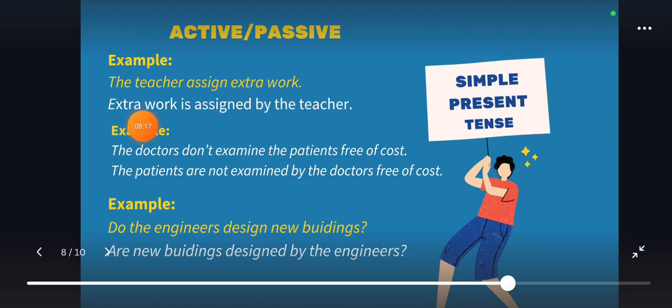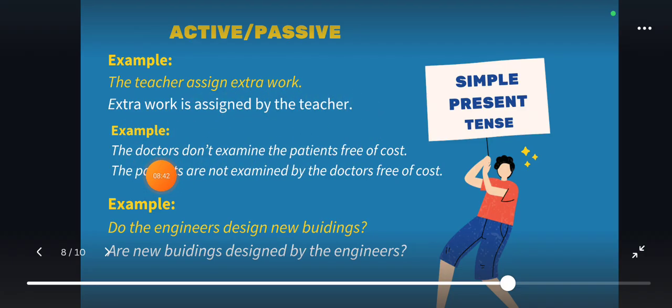So first of all, we will write extra work as it is an object, first rule. Secondly, apply helping verb is, as we will write singular verb, extra work is. Assigned, third form of this verb assigned, and then add preposition by, and the teacher will become an object in the end. Okay, so this is how you will transform the sentence.